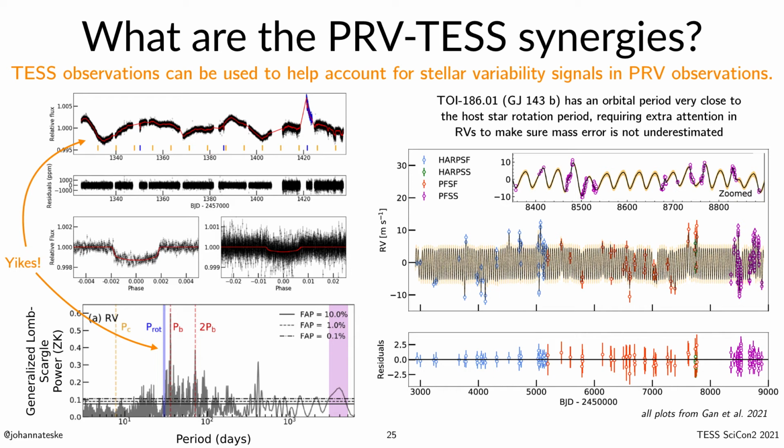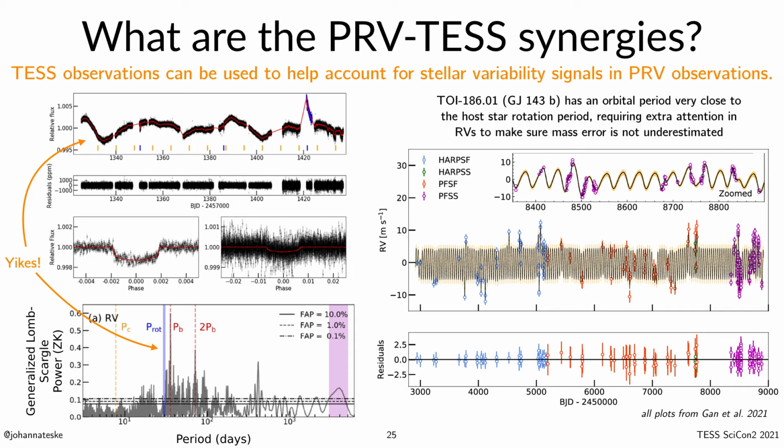This is a sub-Neptune that also has an inner, more terrestrial planet. But the orbital period of the sub-Neptune is dangerously close to the rotation period of the star. So in this updated paper, we wanted to dig into that a little bit more and try to account for how the stellar activity might be influencing the RV measurements.